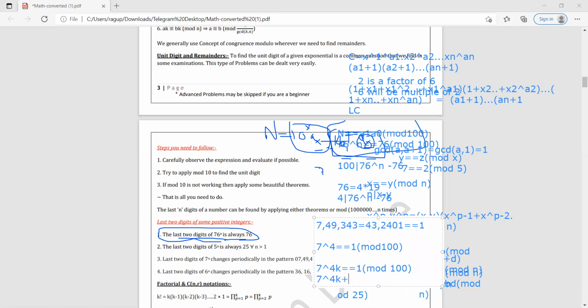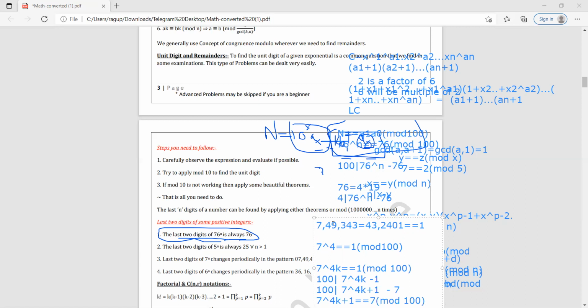We'll multiply both sides by 7, because as 100 divides 7 raised to 4k minus 1, then its multiple is also divisible by 100. So 100 divides 7 raised to 4k plus 1 minus 7. 7 raised to 4k plus 1 is congruent to 7 mod 100.